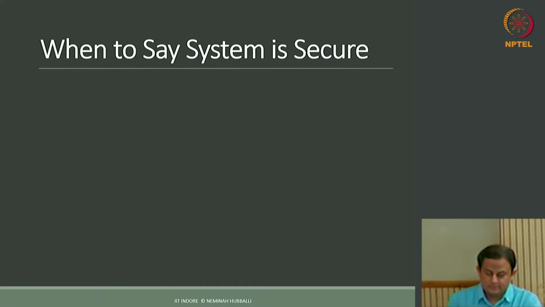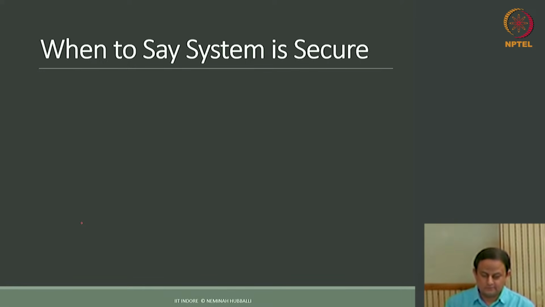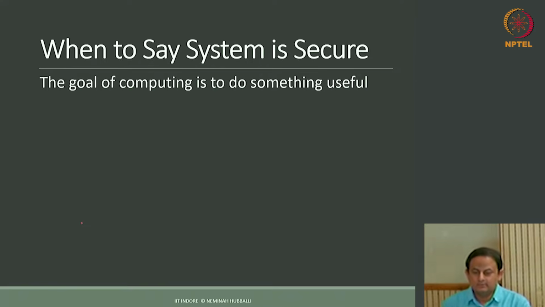So the next fundamental question that we ask is, when do we actually say a system is secure? In order to answer this question, consider any computing device that we have, using which we want to do some useful work. We want to run some applications on that computer.